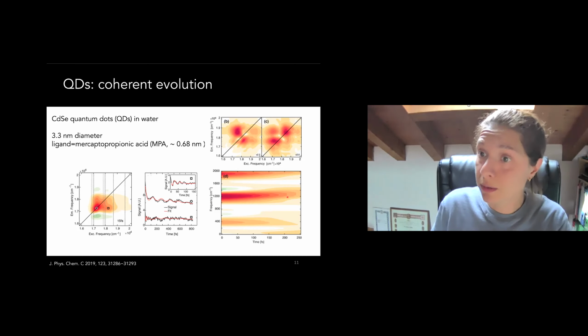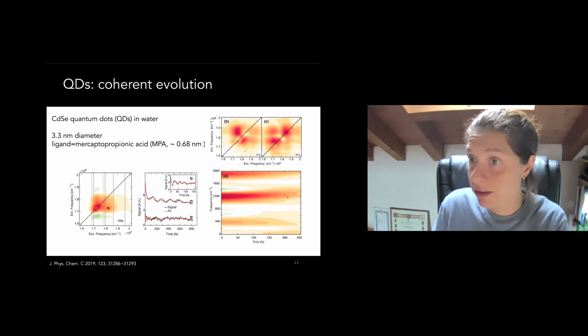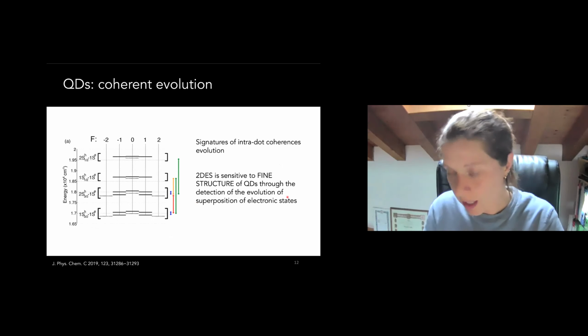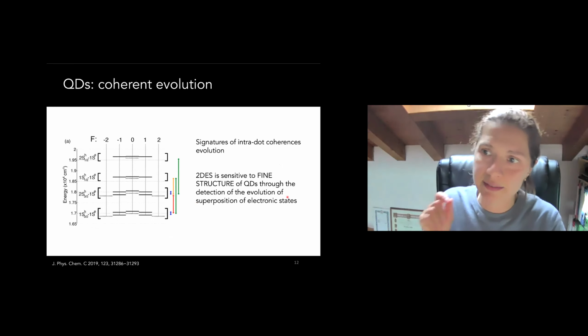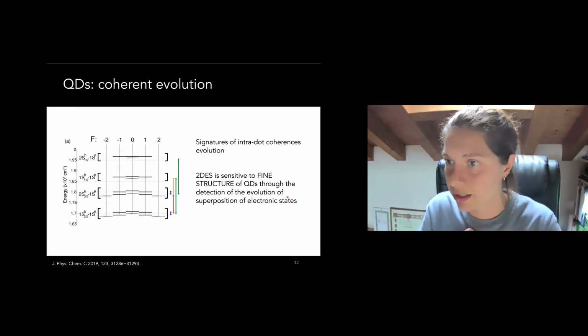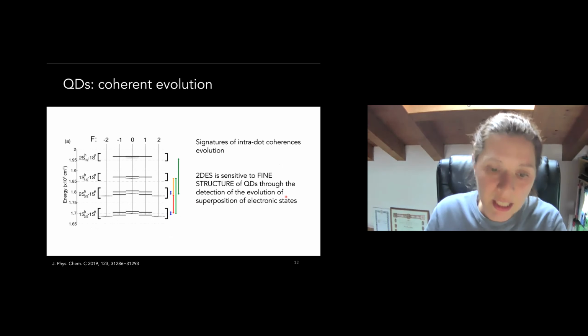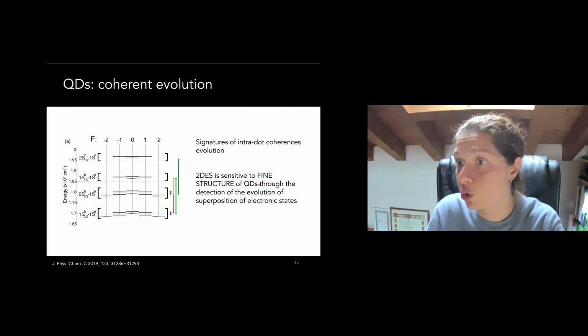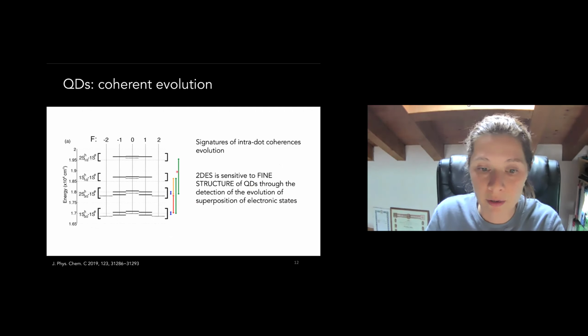The simulation of this sample and these optical responses actually also allowed us to identify with better precision the electronic states that are giving rise to this coherent dynamics in the 2D spectra. And indeed, we could verify that this coherent dynamics can be ascribed to a coherent superposition of fine structure states belonging to different exciton manifolds.